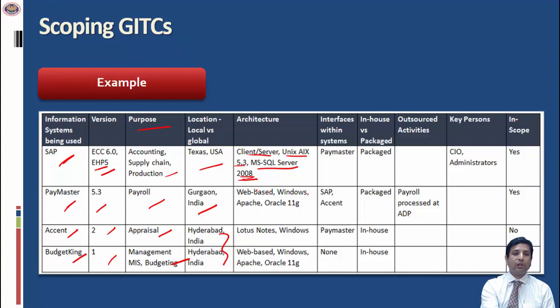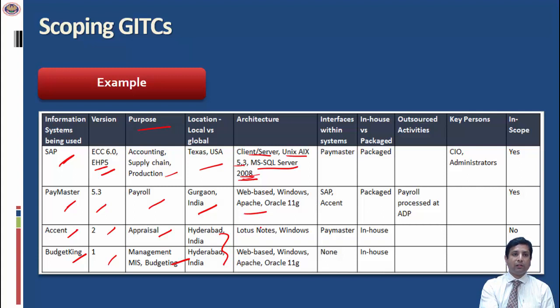And when we are auditing a specific version of a database or an operating system or any other system, we need to be aware of the risks or the controls within those specific versions. In this case, we see SAP is a client-server architecture and Paymaster is a web-based application.